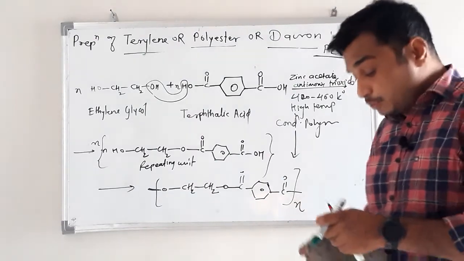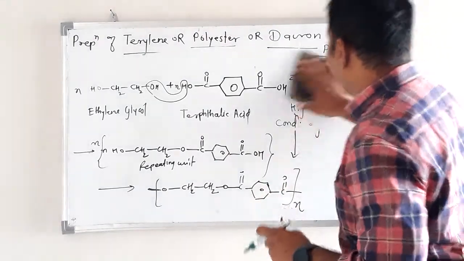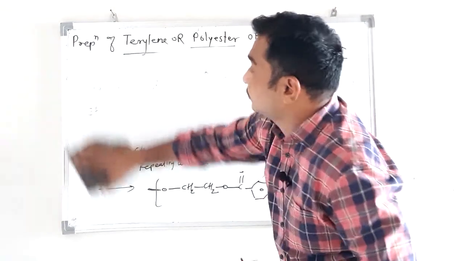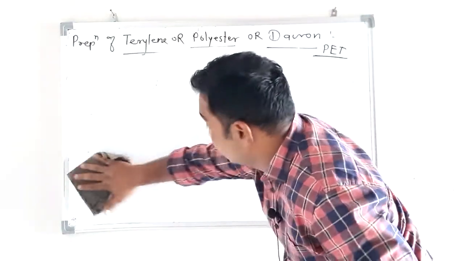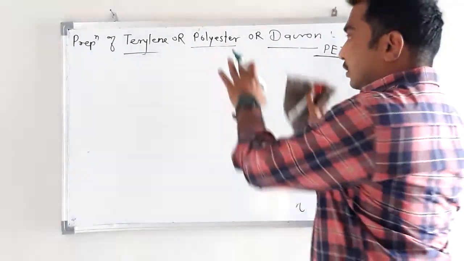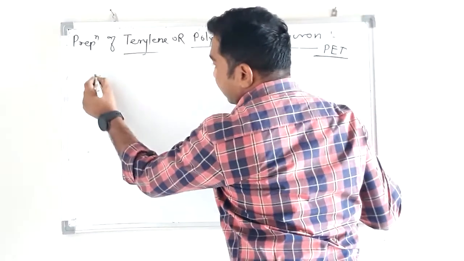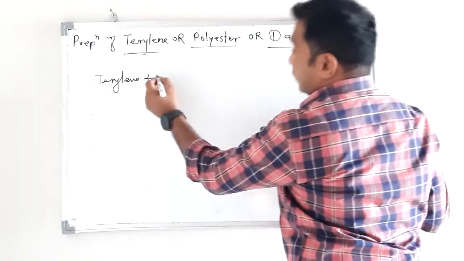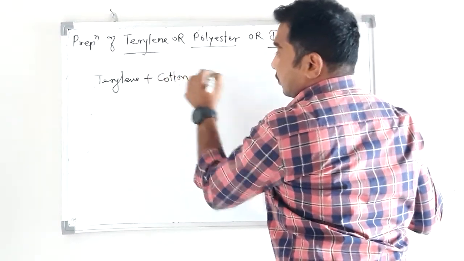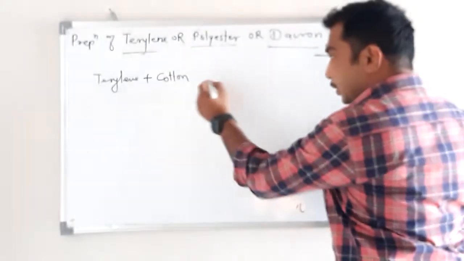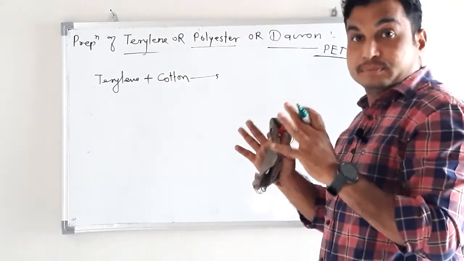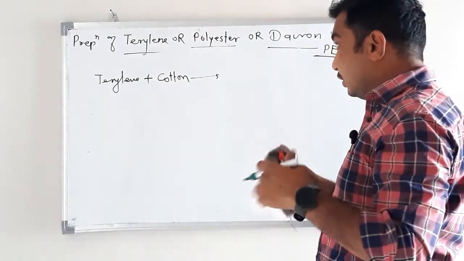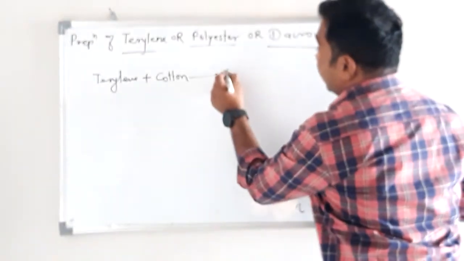Now this polyester or terylene is blended with cotton, then it gives a special type of developed polymer, that is called terrycot.